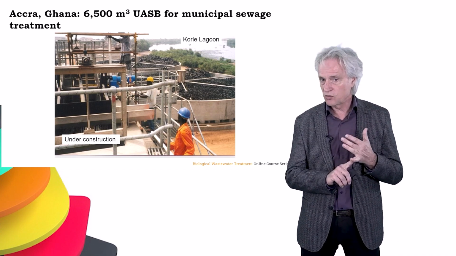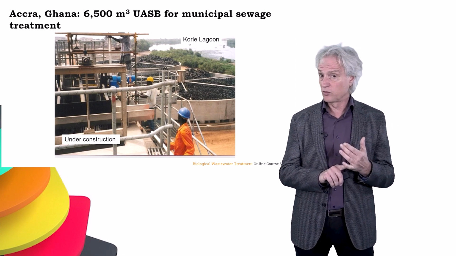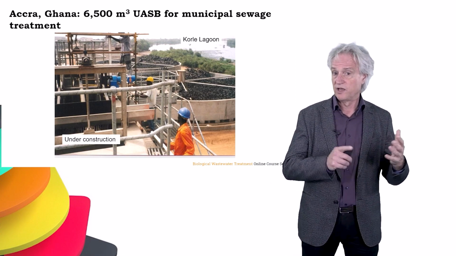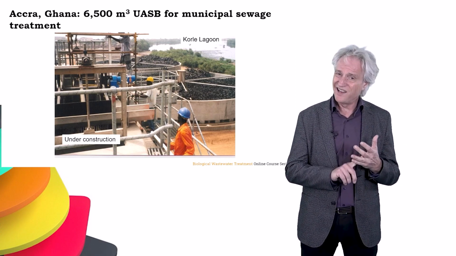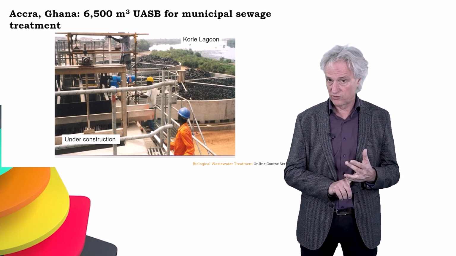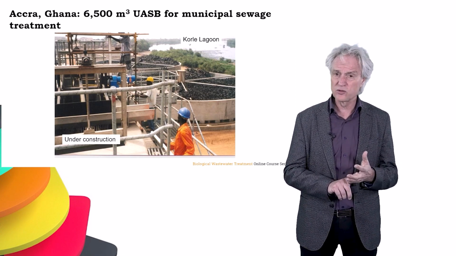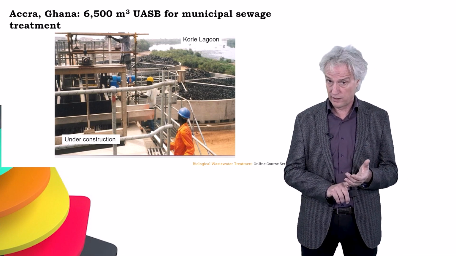One, there was no space for a pond system, in which most of the Sub-Saharan Africa countries have most experience. But there was simply no space. And they didn't want to go for activated sludge because of the energy concerns, and also the concerns about the growth of the sludge. But the energy concerns were most important then.